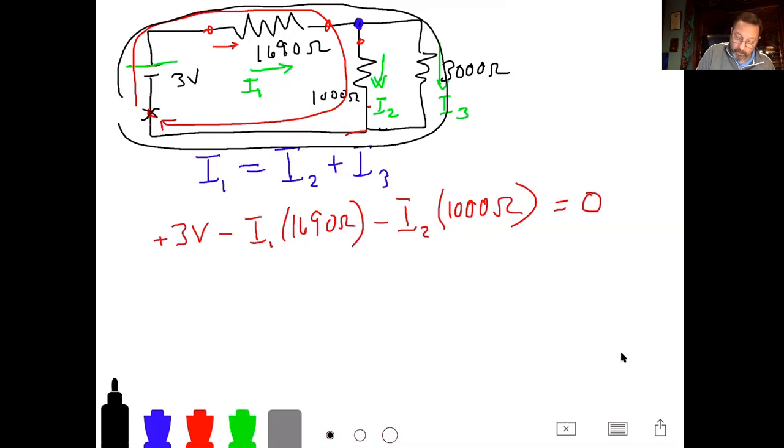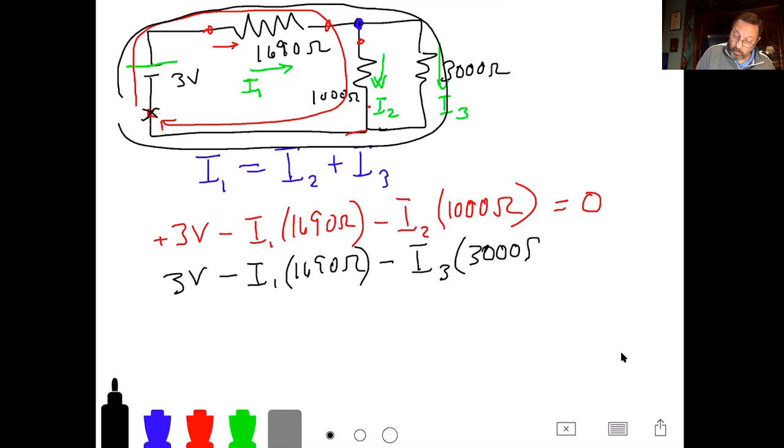We'll go all the way around, so it's 3 volts minus I1 times 1690 ohms minus I, this time I3, times 3,000 ohms is equal to 0. Okay, great. What do I have here now? I think a mathematician would say, I have 3 unknowns. The unknowns are I1, I2, and I3.